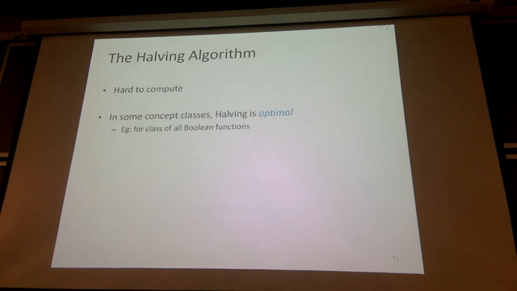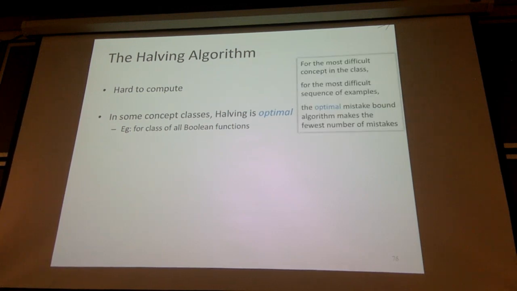Okay, so the halving algorithm, as you mentioned earlier, is hard to compute. You have to store all functions, so don't do this. But in many concept classes, in terms of the number of mistakes that can be made, the halving algorithm is optimal. For all Boolean functions, it turns out the halving algorithm is optimal in terms of the number of mistakes.